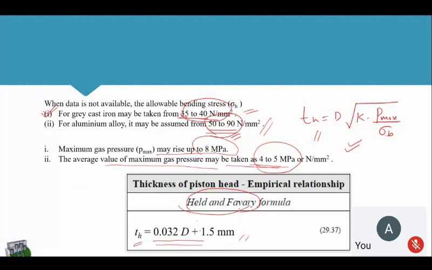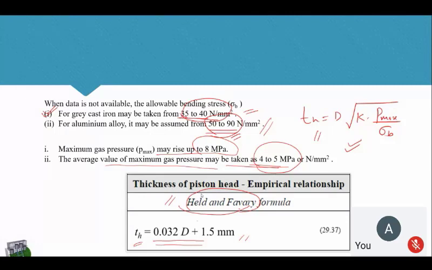So this empirical formula can also be used to determine the thickness of the piston head, if you want to verify the thickness obtained by both criteria, thermal as well as strength criteria.